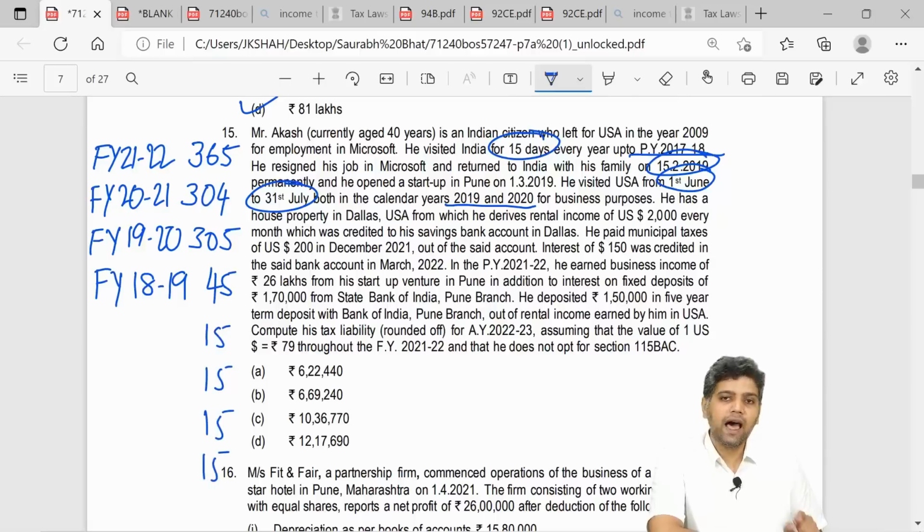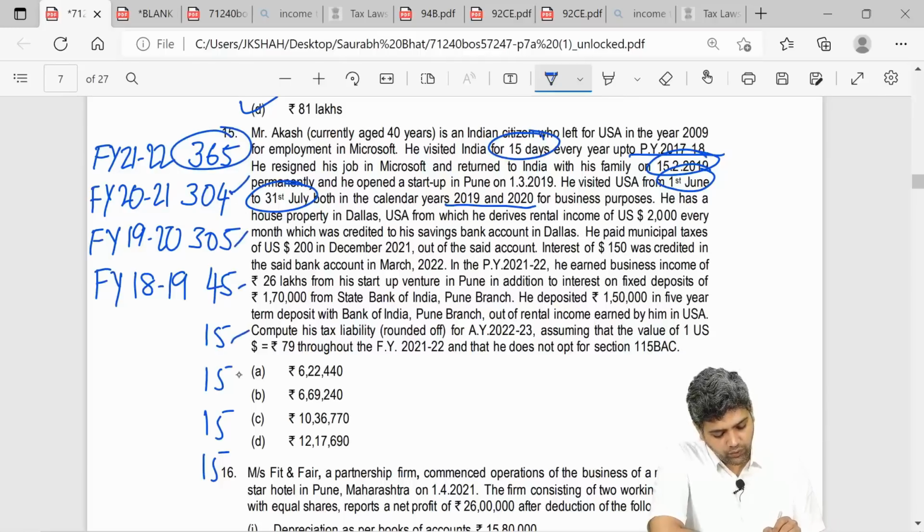As we know, last 7 years I have to see. In the current year, I was 365 days in India. Last 7 years, so year number 1, 2, 3, 4, 5, 6, 7. 7 years, if you make the total, 304 days in the last year, 305 year preceding that, 45 preceding that, and 60.